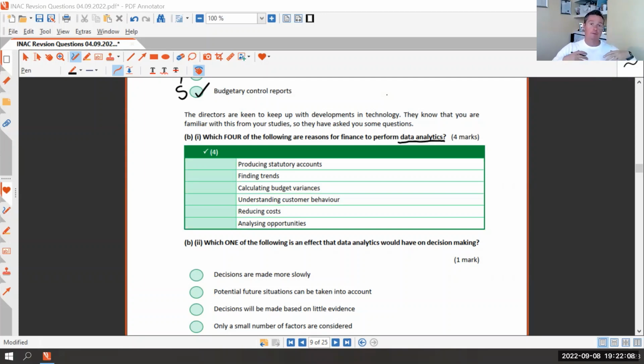What it does is analyze a lot of data, take in lots of different factors, look at lots of different bits of information, and use it to predict the future, predict trends, and analyze behavior.